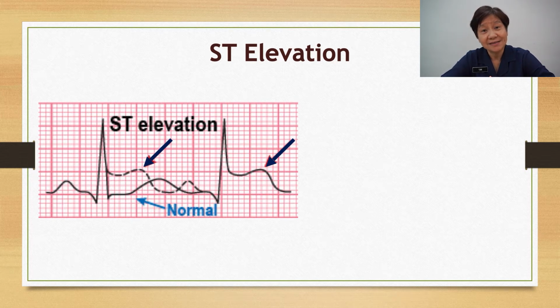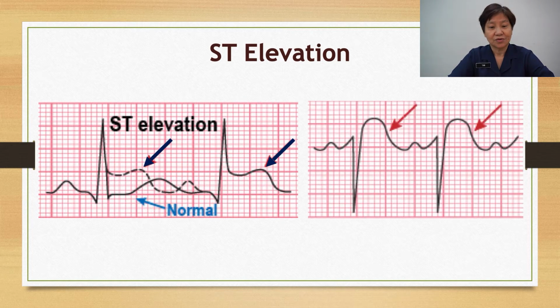But for recognizing the ECG rhythm, you no need to worry about the ST elevation or ST depression. Next, another example of ST elevation. How about ST depression, whereby it shows ischemia of your heart?